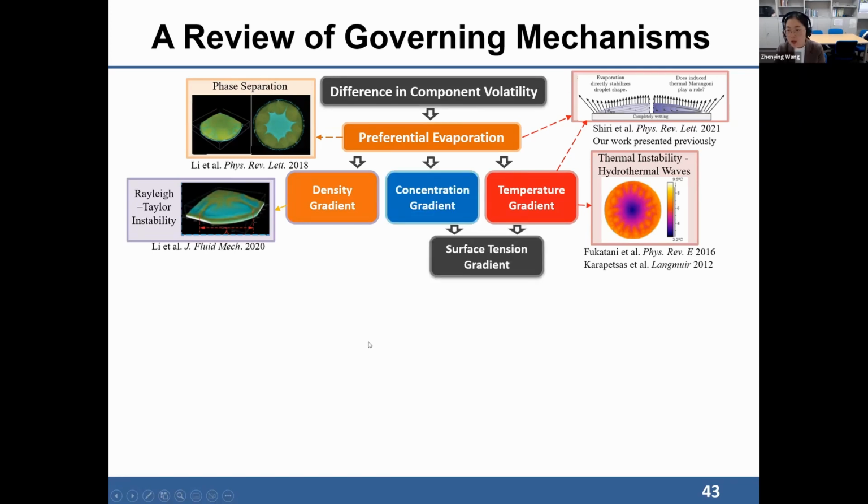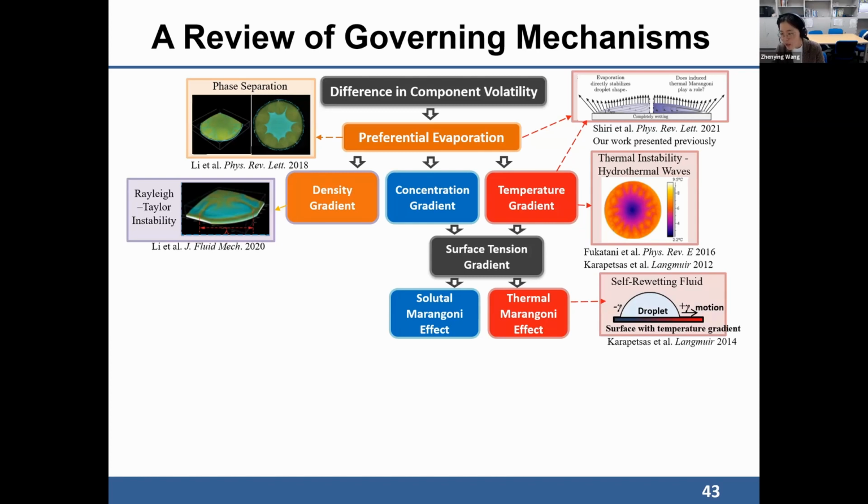And additionally, the preferential evaporation, especially in the triple-line area, will also cause a concentration gradient. The concentration gradient and the temperature gradient together cause the surface tension gradient, which will correspondingly induce the solutal-Marangoni flow or the thermo-Marangoni flow.